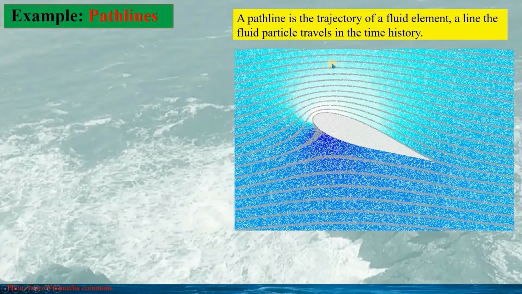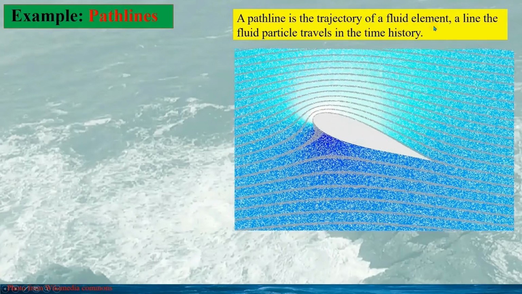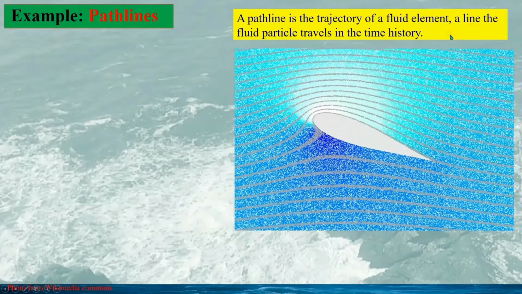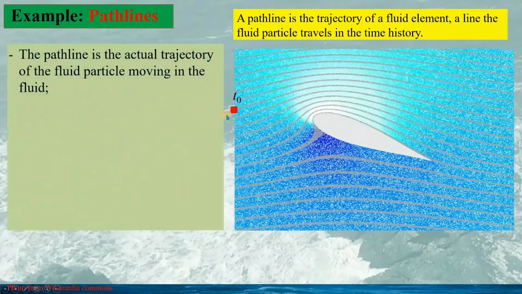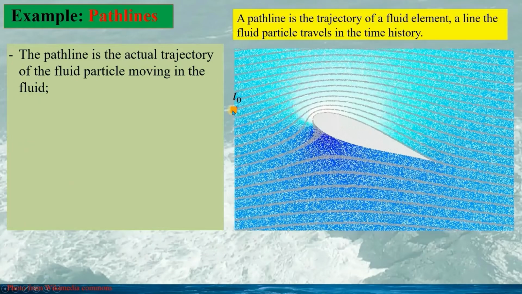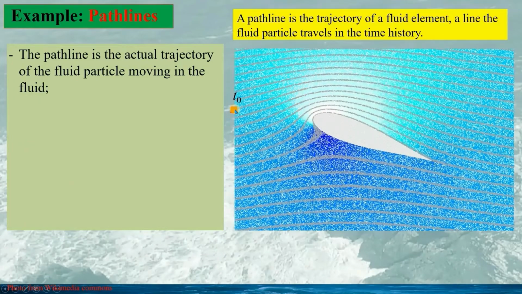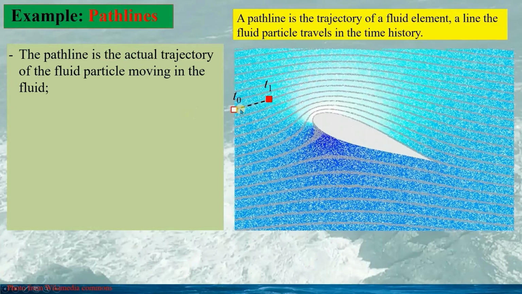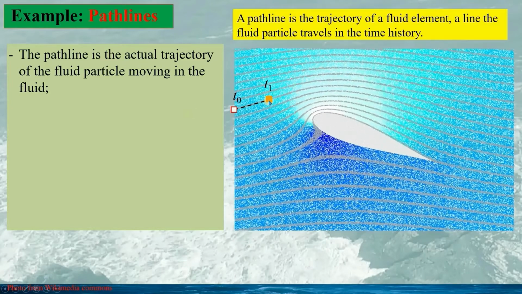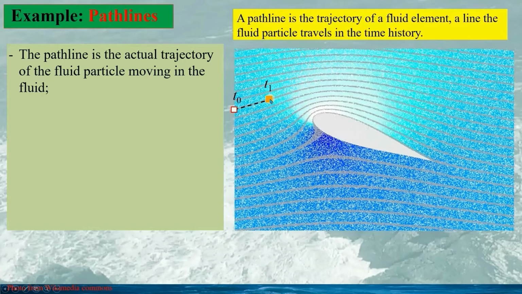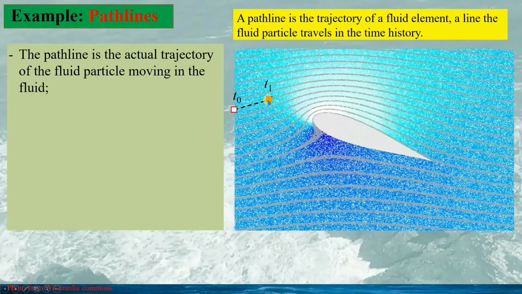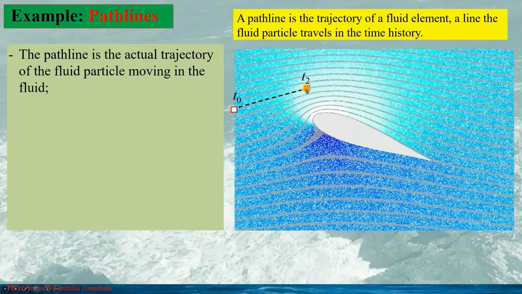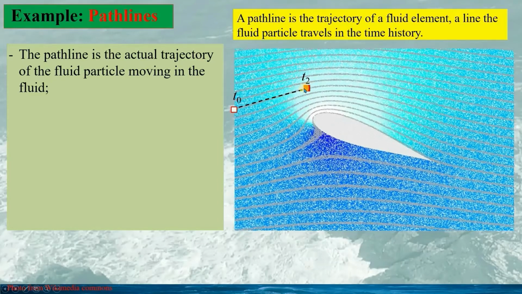A pathline is the trajectory of a fluid element, a line the fluid particle travels in the time history. So if we look at one fluid particle, the red square, moving in the fluid, at time t1, the fluid particle moved to here, and at time t2, the particle moved to here.